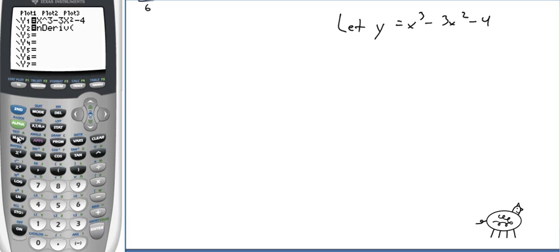And we're going to do vars, cursor over to y vars, function, and enter. So we have y1 in there, and then our parameters are going to be comma x, comma x. Okay, so now we have our function in there and our derivative in there. Okay, so let's quit out of here.